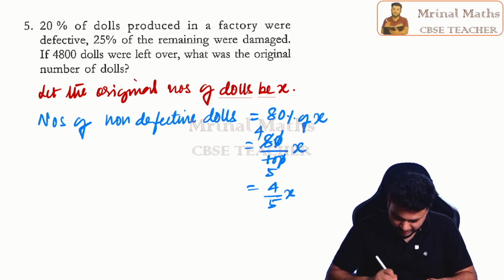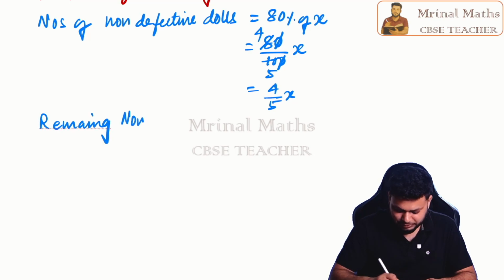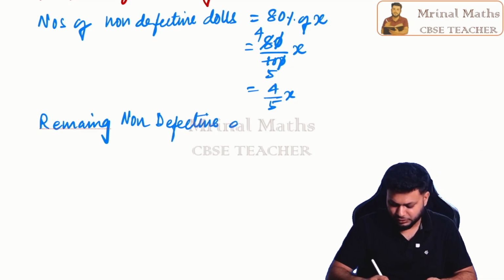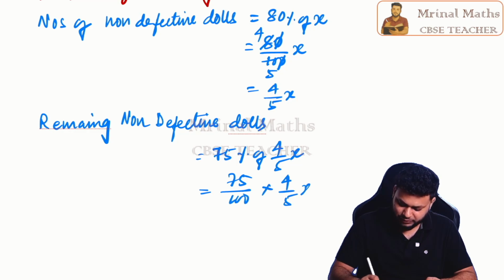So the remaining non-defective dolls. How much? 75% of 4 by 5 X. 75 by 100 times 4 by 5 X. 25 threes are 75, 25 fours are 100, and 4 and 4 cancel.